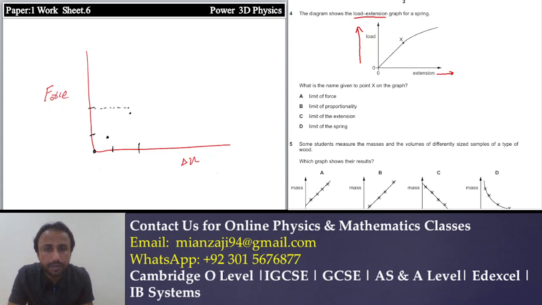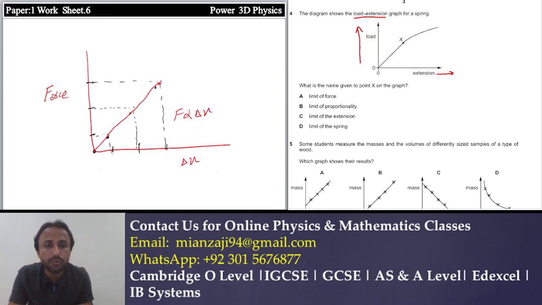Both are increasing linearly. If again the force is doubled, again the length is doubled here, approximately. It means we get a straight line. This is only valid for force F directly proportional to x up to this point.